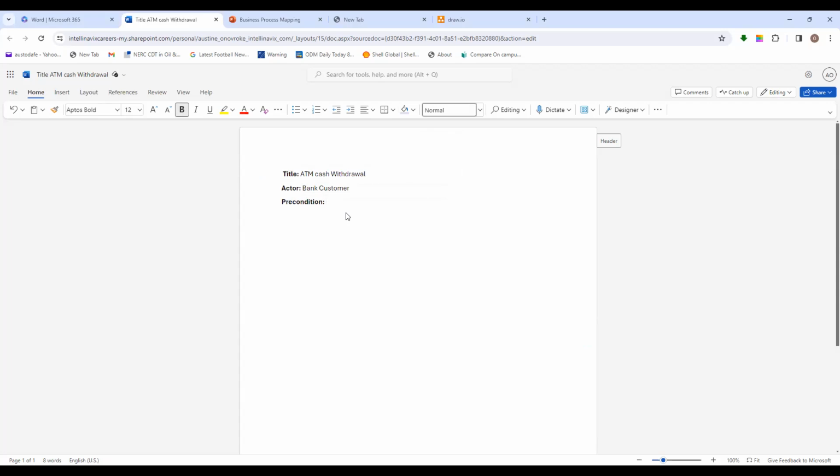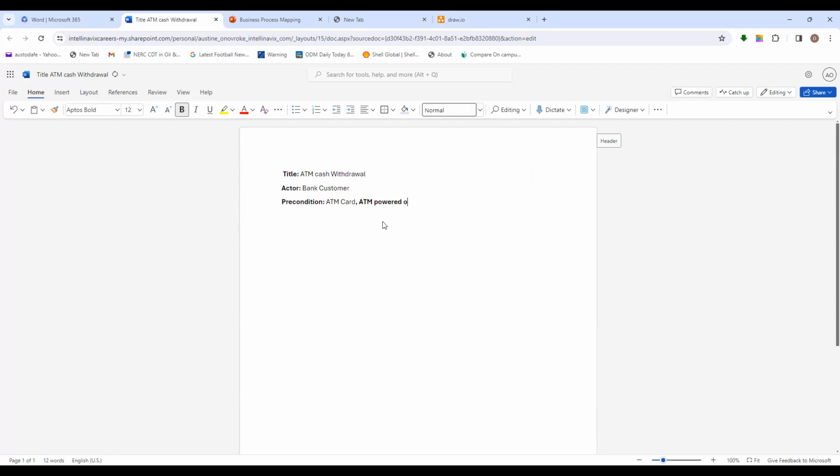When you insert your card, you enter your PIN. So the precondition is that you must have your ATM card. Yes. Another precondition again is what? Your PIN. Okay, you know your ATM and PIN. The ATM should be powered on.